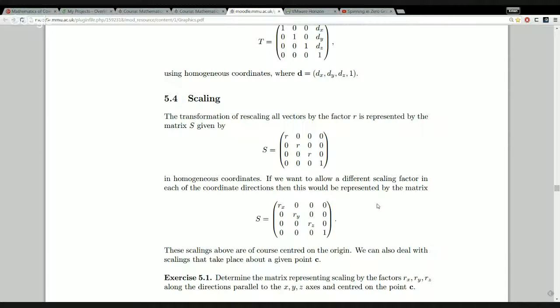If r is positive and bigger than 1, your point is going to move further away from the origin by a factor of r. If r is less than 1 and positive, then it's going to move back towards the origin by that shrinking factor r.